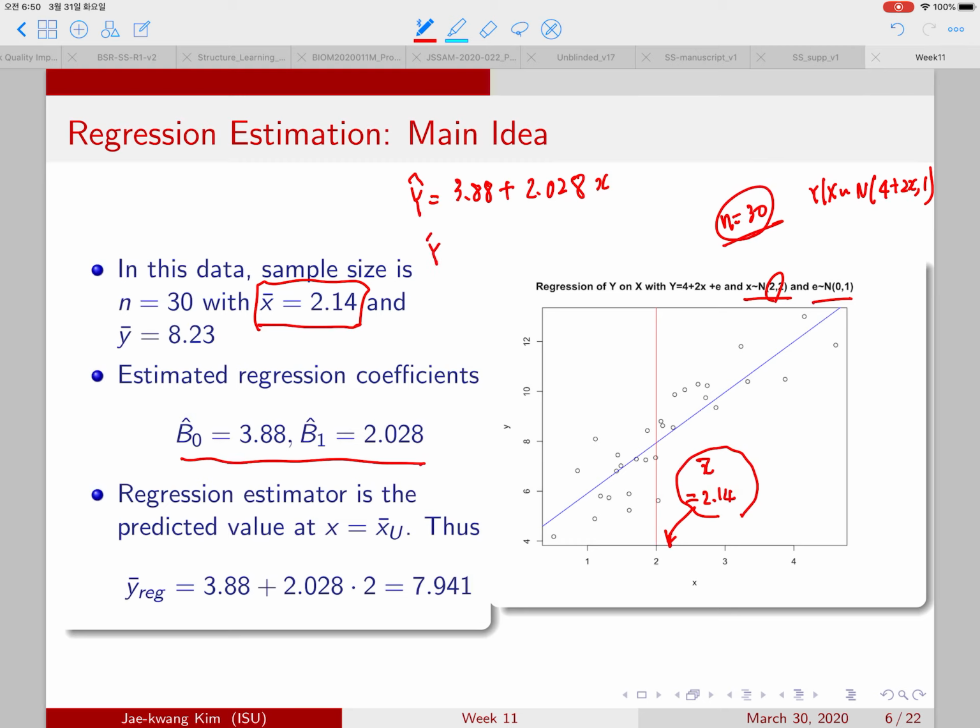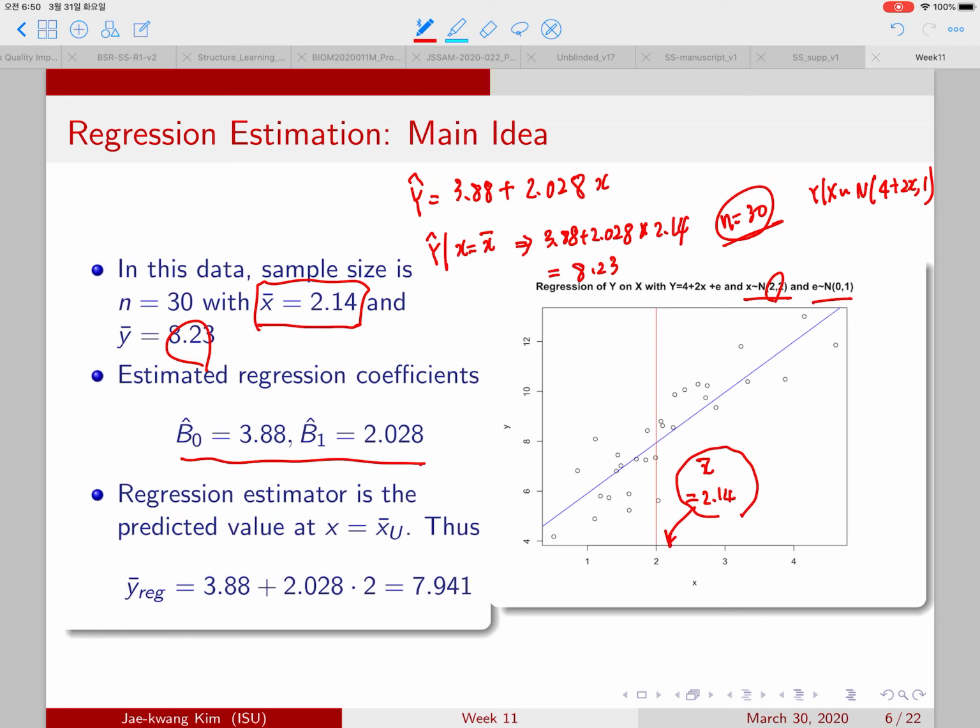So what is the value at x equal to x bar, the sample mean? It is 3.88 plus 2.028 times 2.14, which gives 3.3.